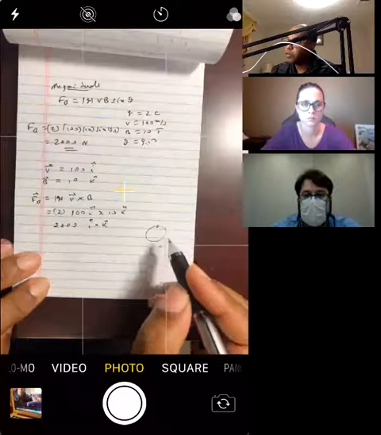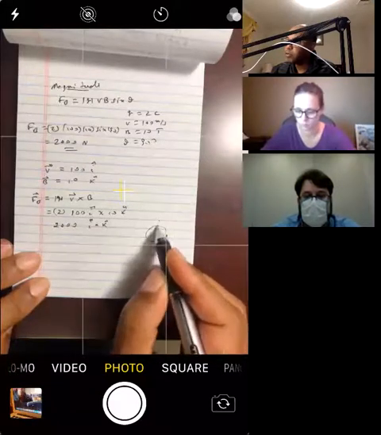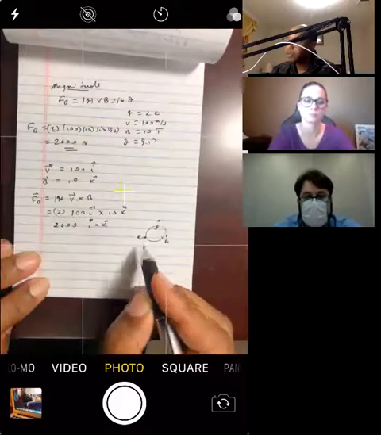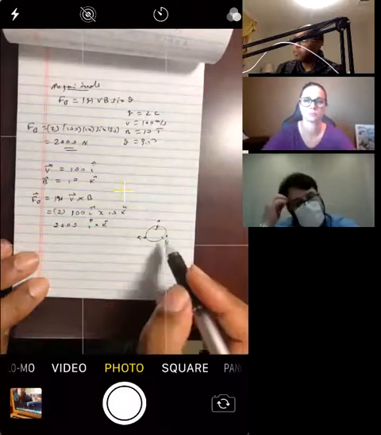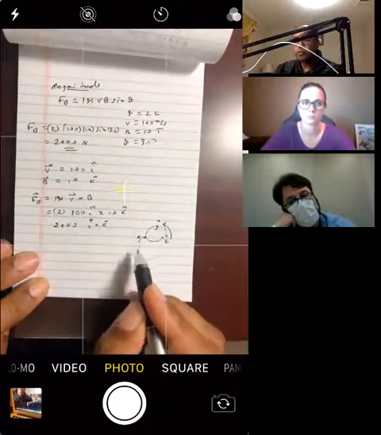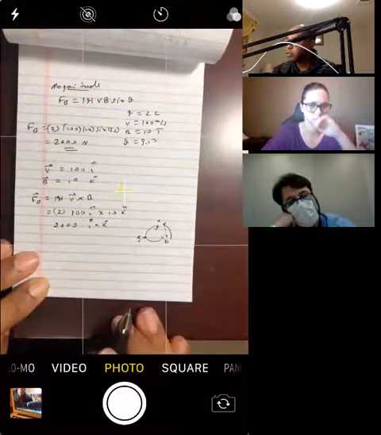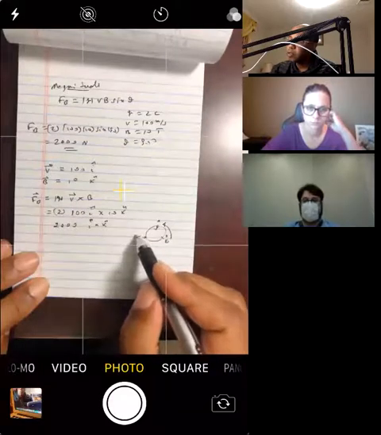You have I over here, J over here, K over here, okay? The cross product is the other unit vector. But if you go in a counterclockwise direction, you get the positive. If you go in a clockwise direction, you get the negative. So in this case, this is our I, so we're going in a clockwise direction.